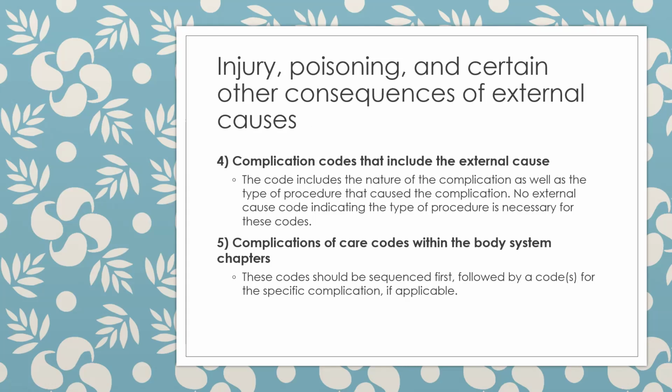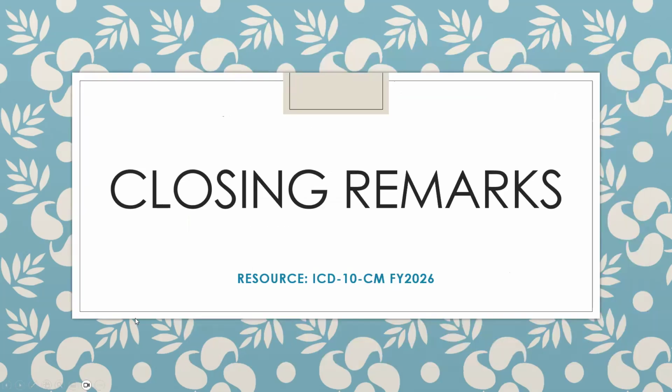Complication codes from the body system chapters should be assigned for intraoperative and post-procedural complications. For example, the appropriate complication code from Chapter 9 would be assigned for a vascular intraoperative or post-procedural complication unless the complication is specifically indexed to a T code in Chapter 19.